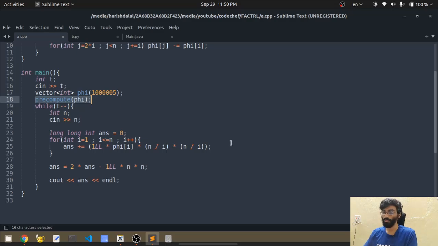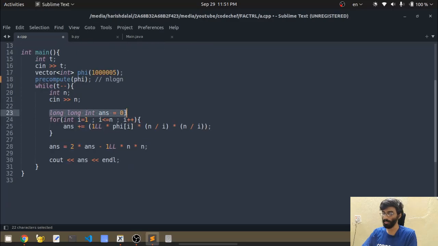Phi of x is the number of elements before x whose GCD with x is equal to 1. After pre-computing it, this pre-computation will take n log n time, and then I run a while loop for t test cases. Each test case will have integer n as our input. Now we will store our final answer in a long int.